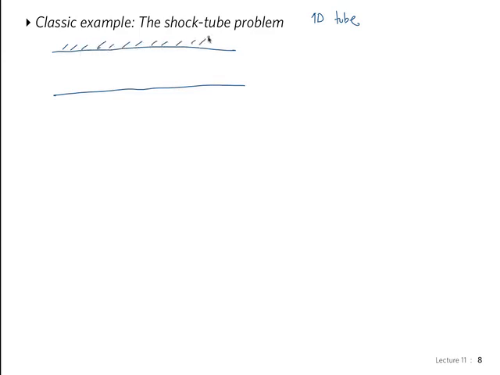And inside this tube, you consider that at time equals 0, you're going to have two regions of fluid which are separated by a membrane, a diaphragm, that is just sitting there.